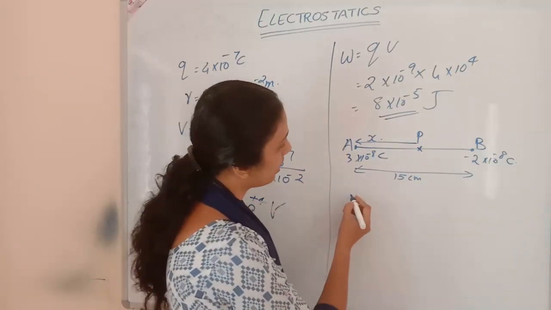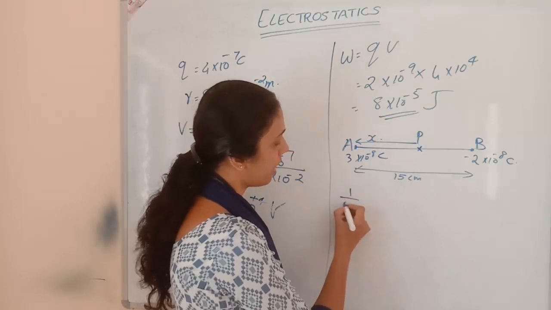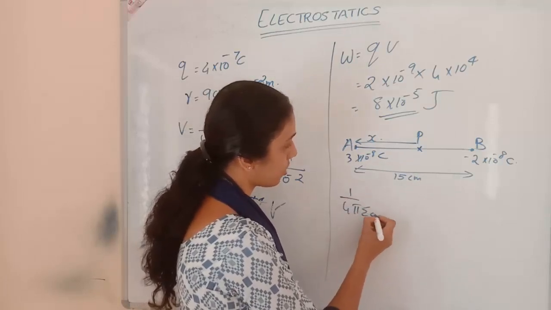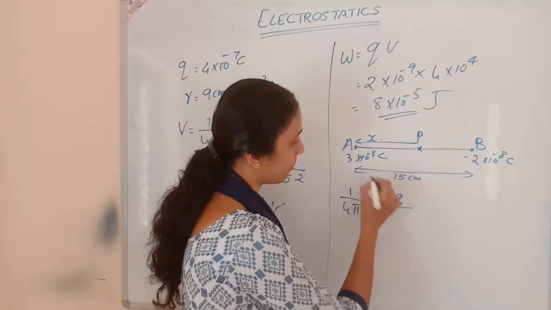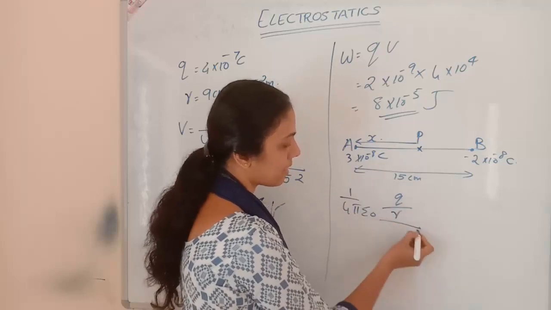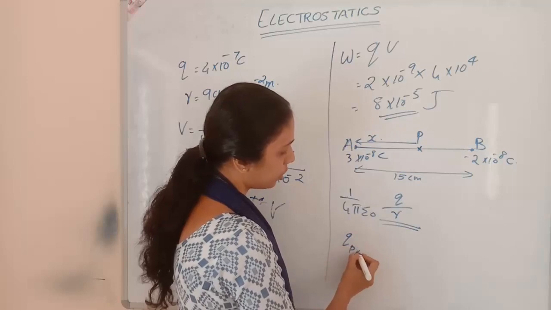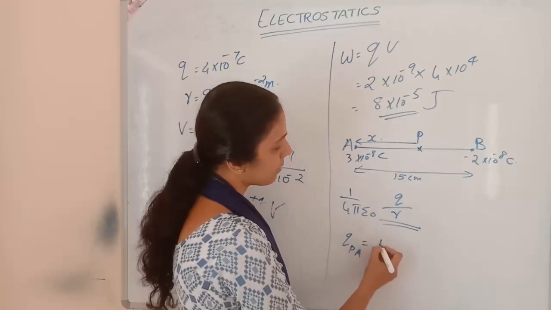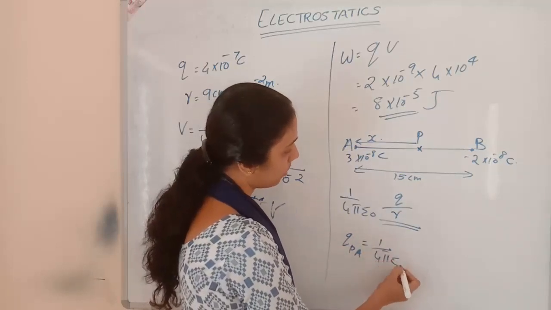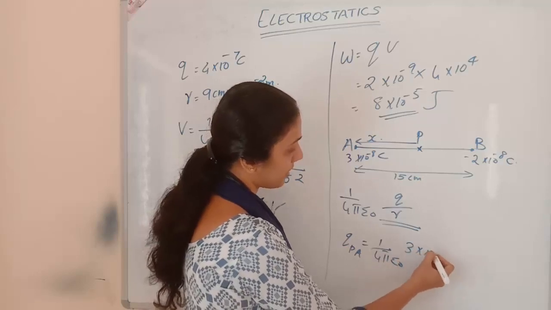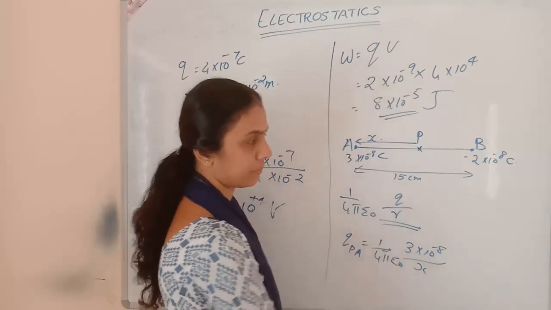Here the net electric potential will be 1 by 4 pi epsilon 0 Q divided by r. So the potential at P due to A is 1 by 4 pi epsilon 0 into 3 into 10 to the power minus 8 divided by x.